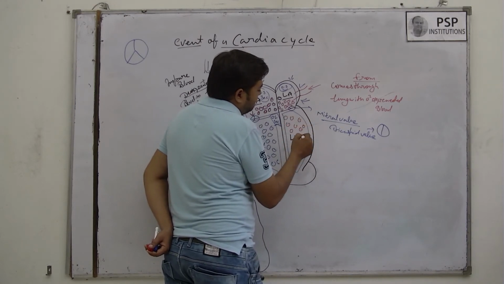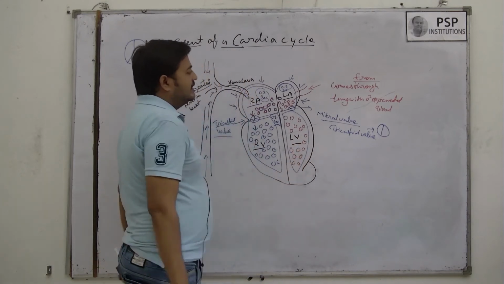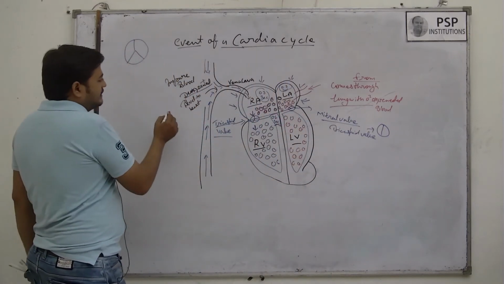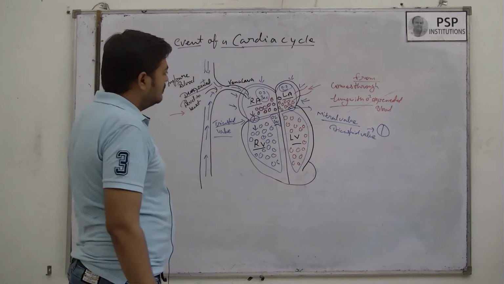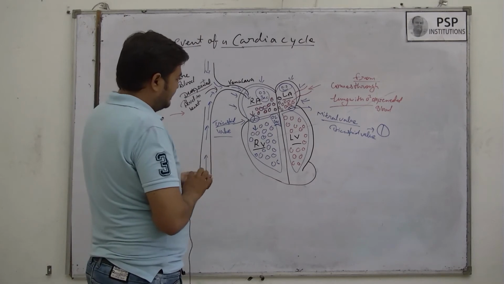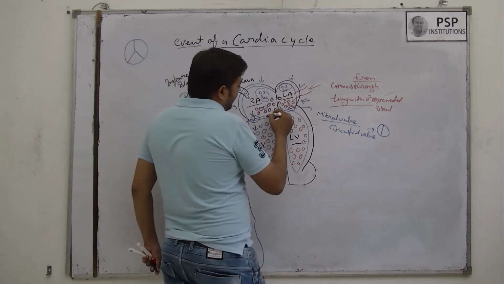Okay, so it is clear that oxygenated blood comes from the lungs, and deoxygenated blood comes from the whole body. Here we are moving forward, here is also the pulmonary artery.